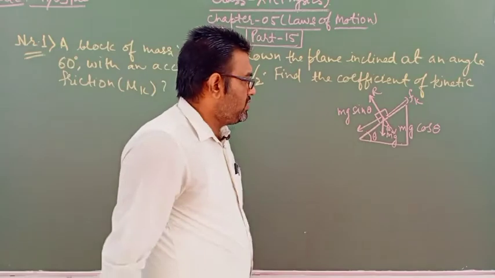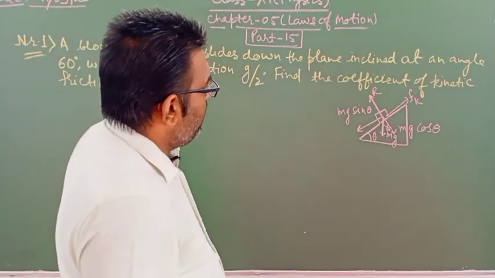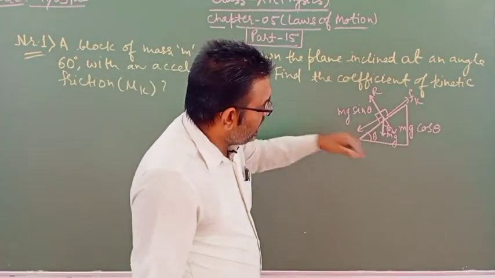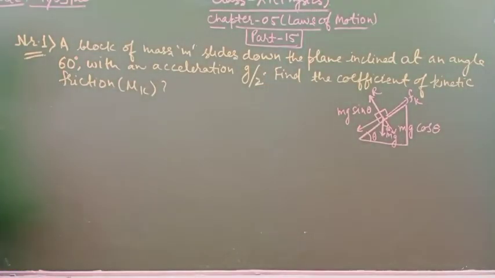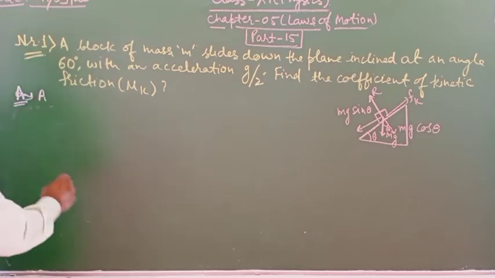So look here, students. The block is sliding in this direction, and this is the vertical direction. So resolving the forces, first of all we will take along the x-axis.